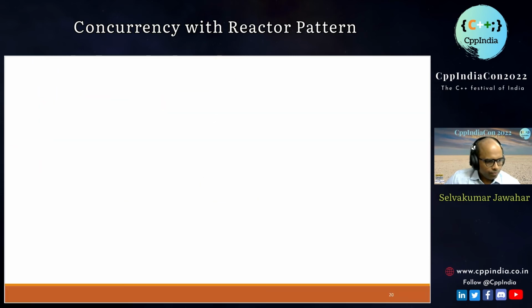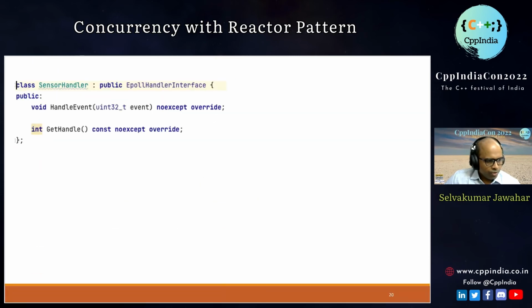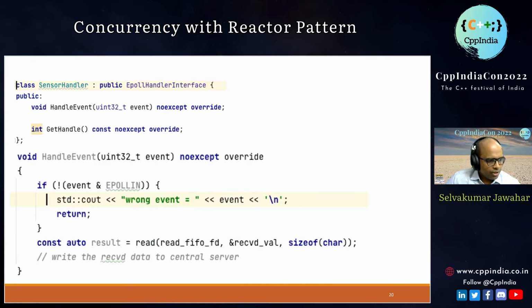Next, this is our sensor handler for our IoT example. We need to implement the sensor handler, which inherits from the ePOL handler interface, and implement these two methods. Here is a simple implementation. When this sensor handler is dispatched, you get the event which caused the event demultiplexer to dispatch it.